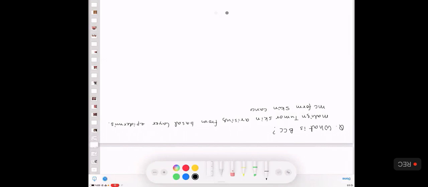This is the most common form of skin cancer across the world. In India, we do not know, but maybe.